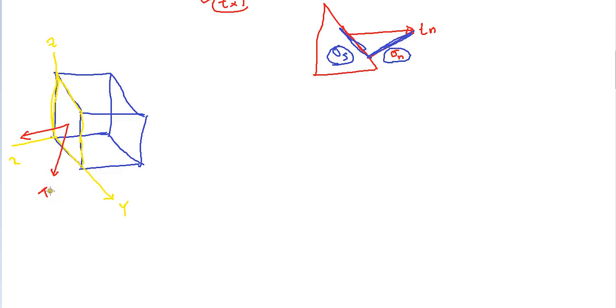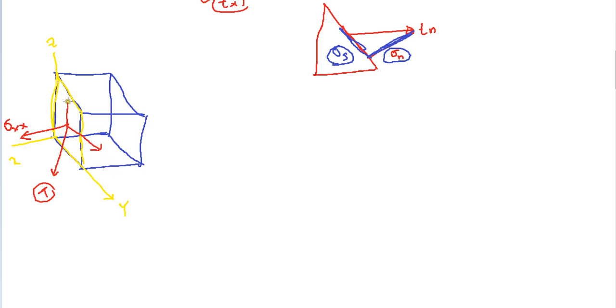This normal component of t we consider as sigma x x. Its other two components are parallel to this plane, in this direction and this direction.